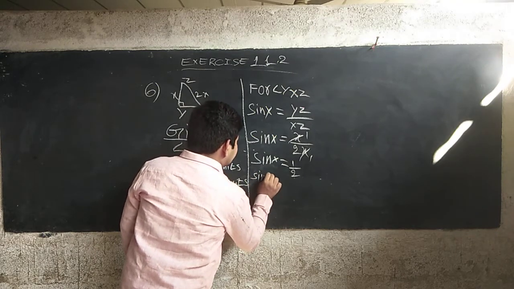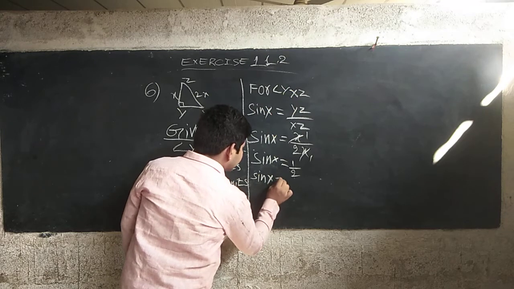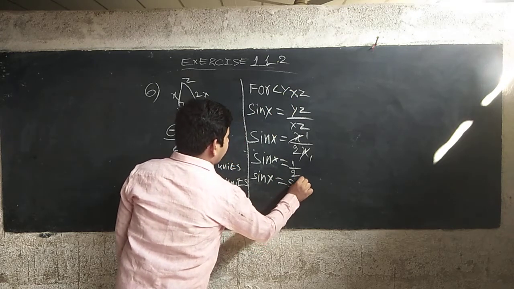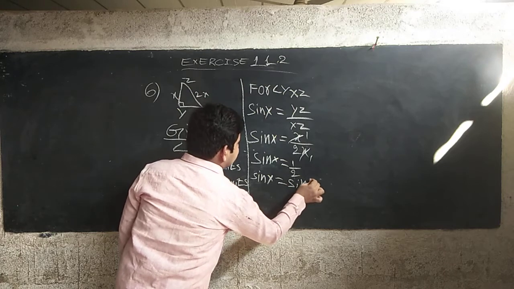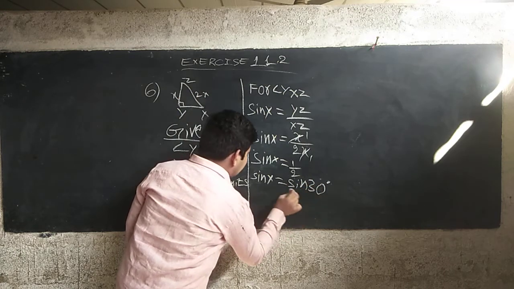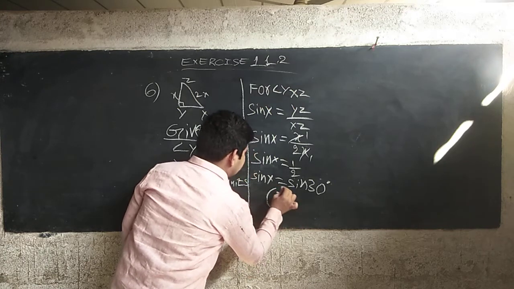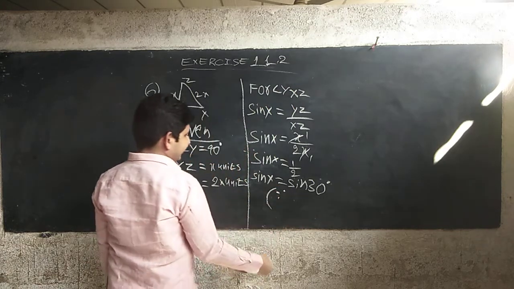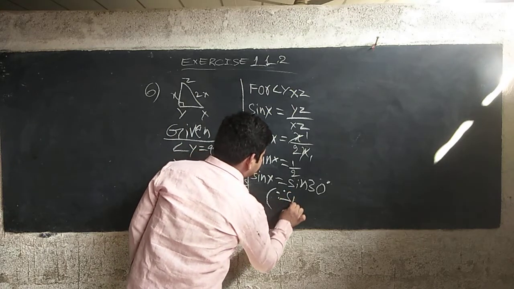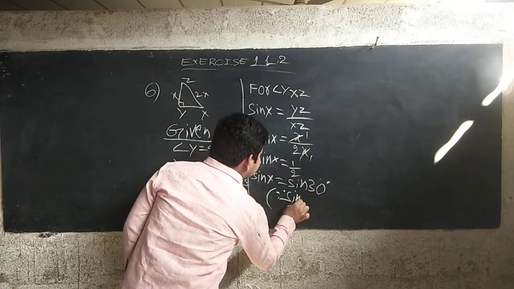Sin x equals sin 30 degrees, since sin 30 degrees equals 1 by 2.